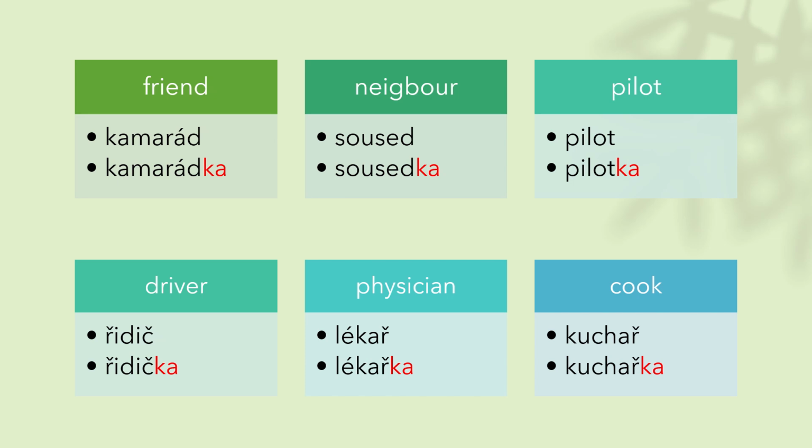Physician, lékař would be a male physician, and lékařka would be a female physician. And the last one, cook, kuchař is a male cook, and kuchařka would be a female cook.